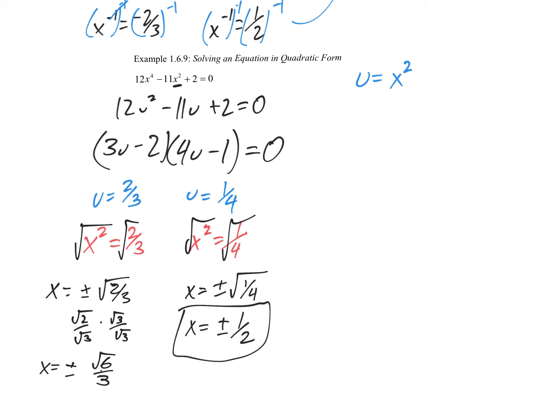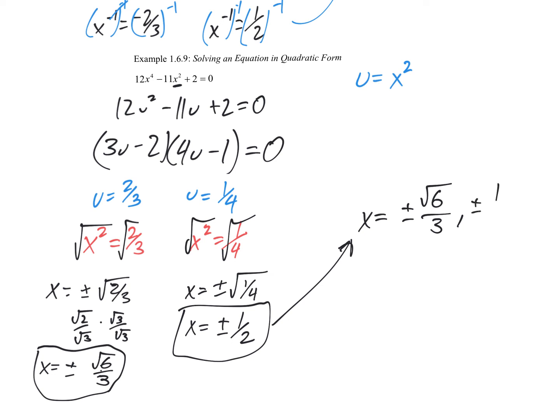No need to rationalize that one. But the left-hand answer we will rationalize. So overall, my solution set might look like this. x equals plus or minus root 6 over 3 and plus or minus 1/2. Okay, again, you can go back, you can plug these in, and you will see that these do check out in our original equation. Okay, we would get a result that is 0, and that is how we solve this.